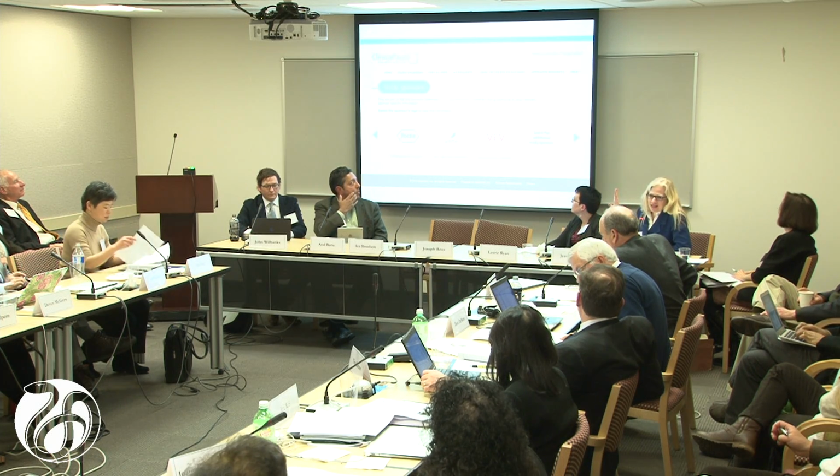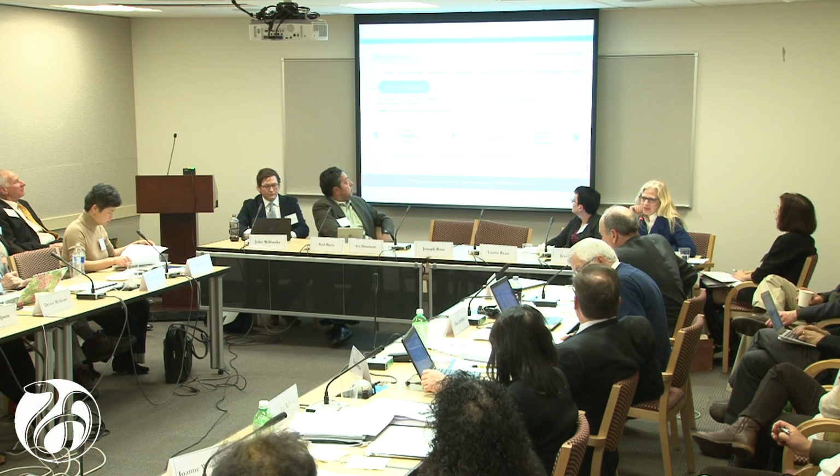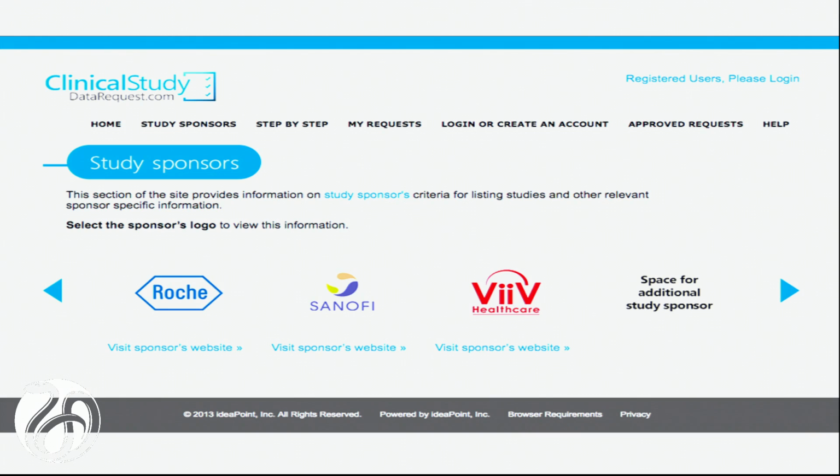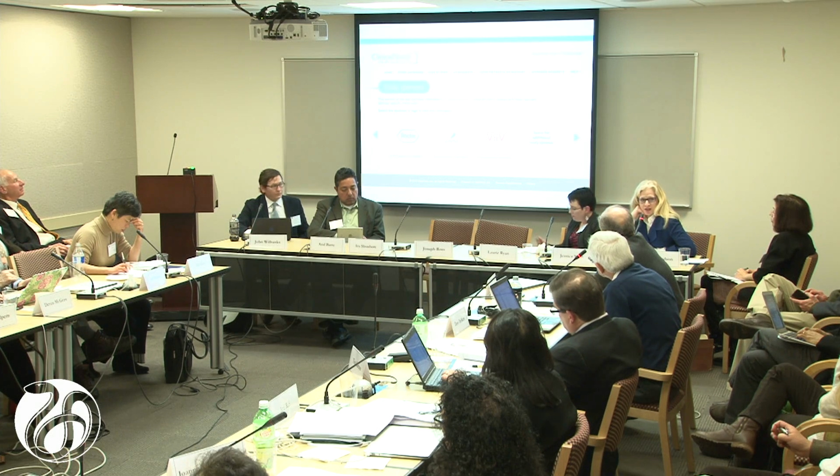This is a screenshot from the multi-sponsor access site that was launched January 1st of this year. If you scroll, you would see five sponsors on there now. The space for additional sponsors could be an academic sponsor or industry sponsor. To think of our approach as kind of three tiers is very helpful.